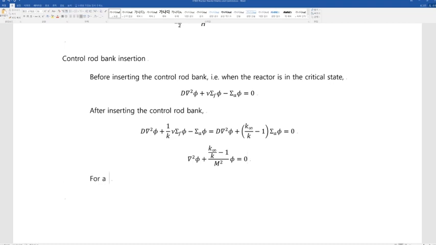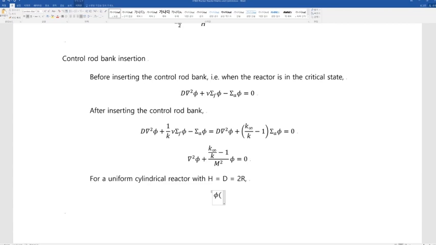So for a uniform cylindrical reactor with the height the same as the diameter, and the diameter equals 2 times its radius, in this case we do not have any dependency on the azimuthal direction.